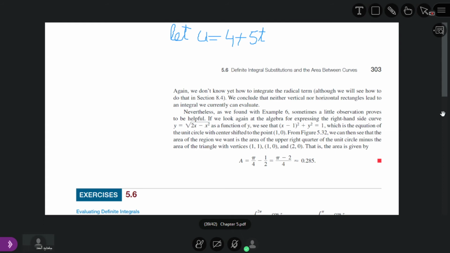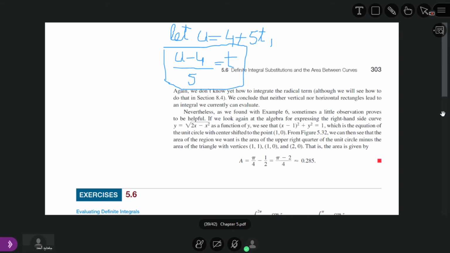How can we find the value of t? We shift 4 to the other side, then divide both sides by 5. So u minus 4 divided by 5 is equal to t.